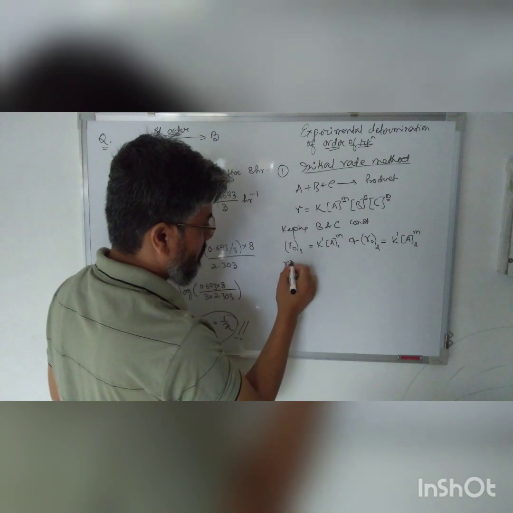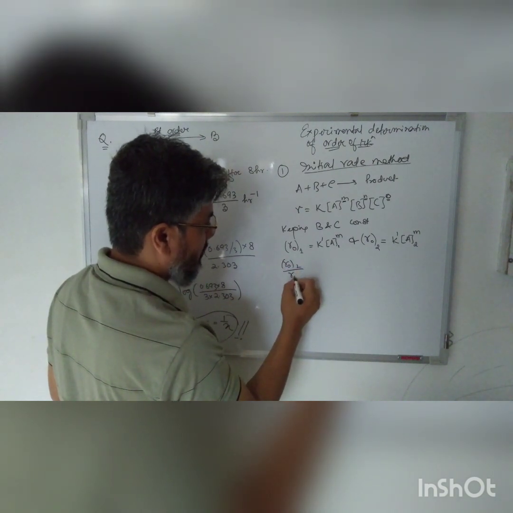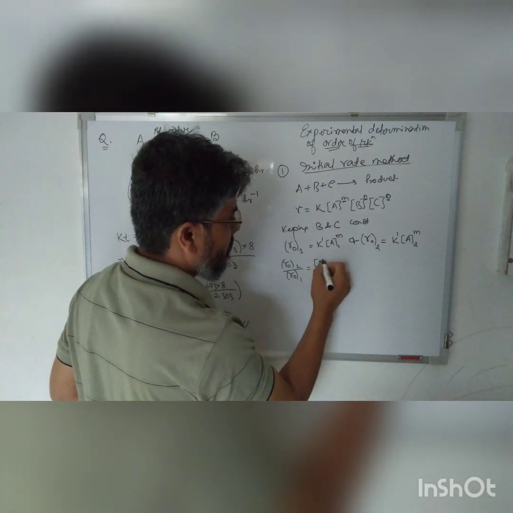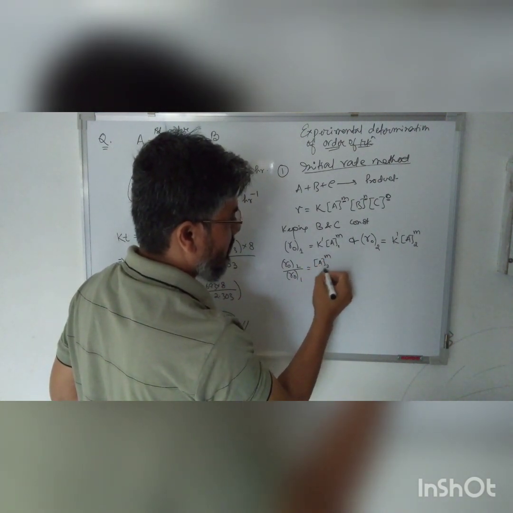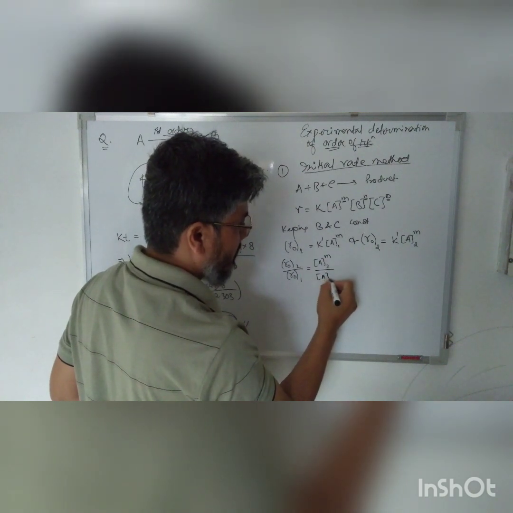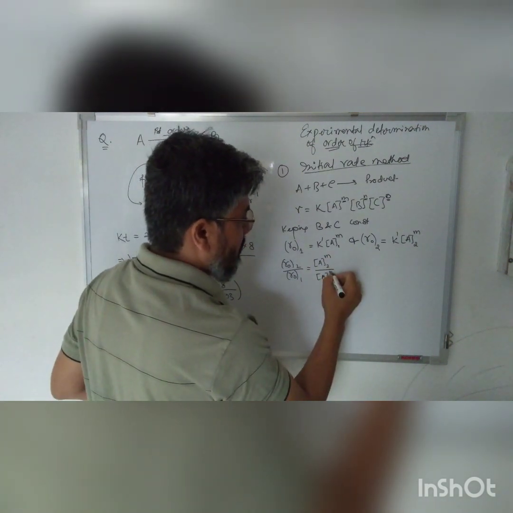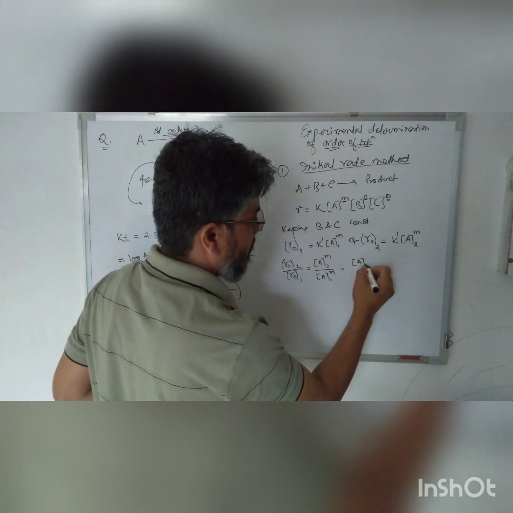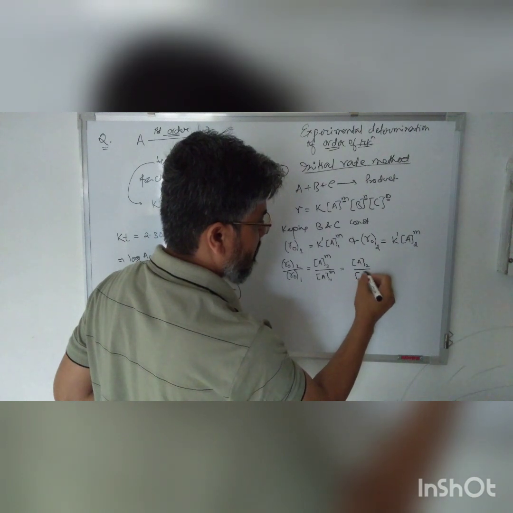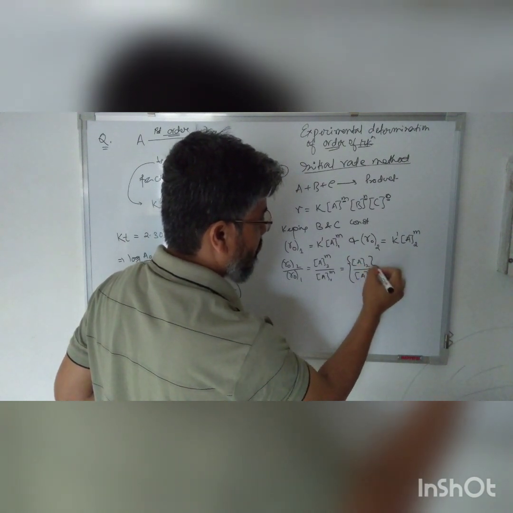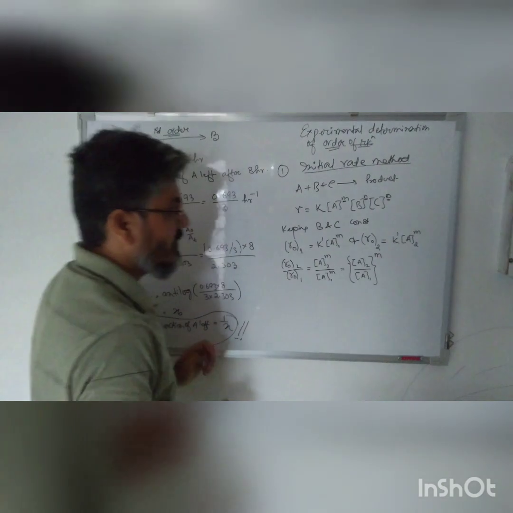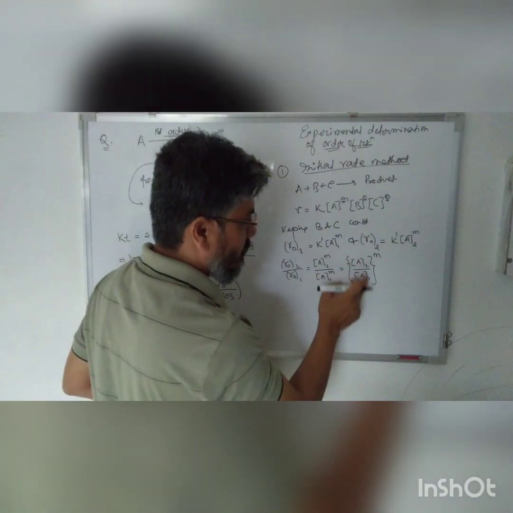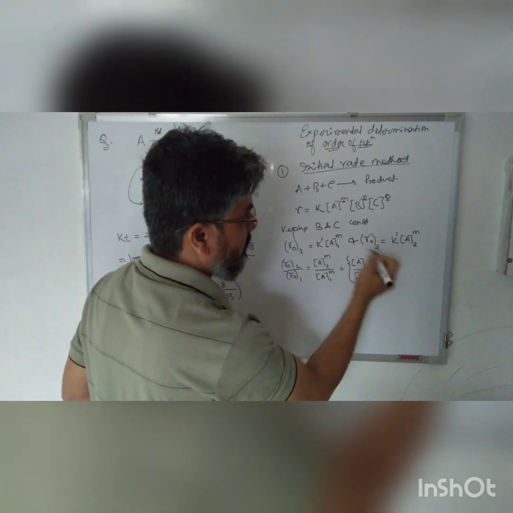So R naught 2 by R naught 1 is equal to concentration of A2 raised to the power m divided by concentration of A1 raised to the power m. So this can be written as concentration of A2 divided by concentration of A1, raised to the power m. So we take the values of R1, R2, A2, A1, then we'll find the value of m.